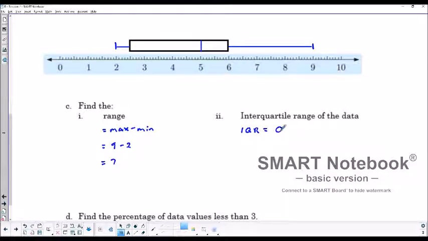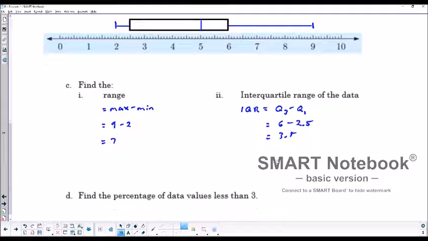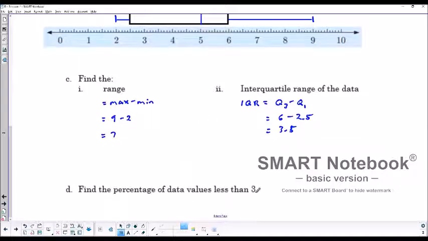So Q3 minus Q1. So we've got 6 minus 2.5. And so the interquartile range is 3.5. So 50% of the data is between 6 and 2.5. And the percentage of the data values that are less than 3.